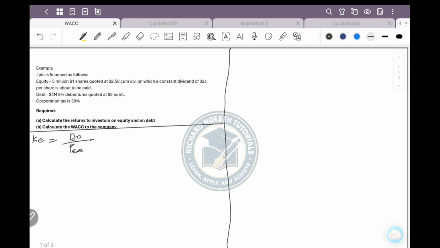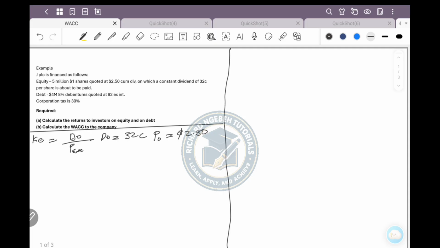Our D0 will be what? Our dividend, which is 32 cents. And our P0 currently is $2.50.